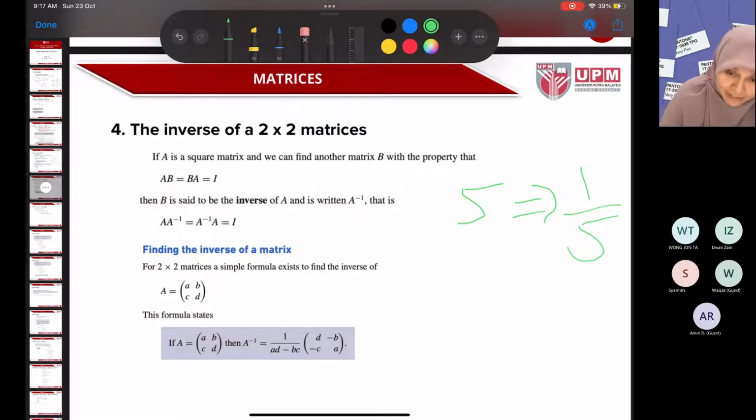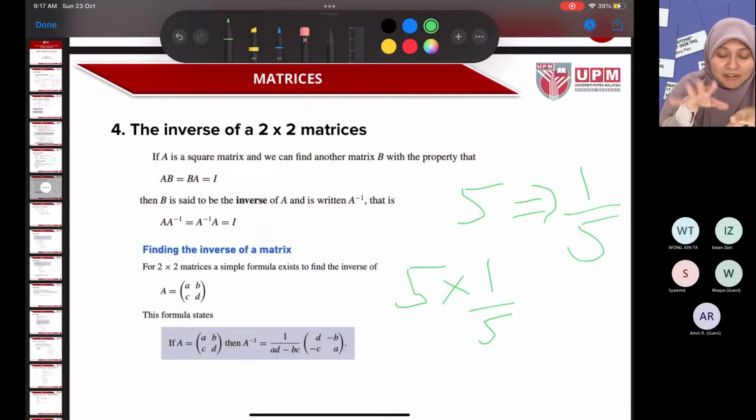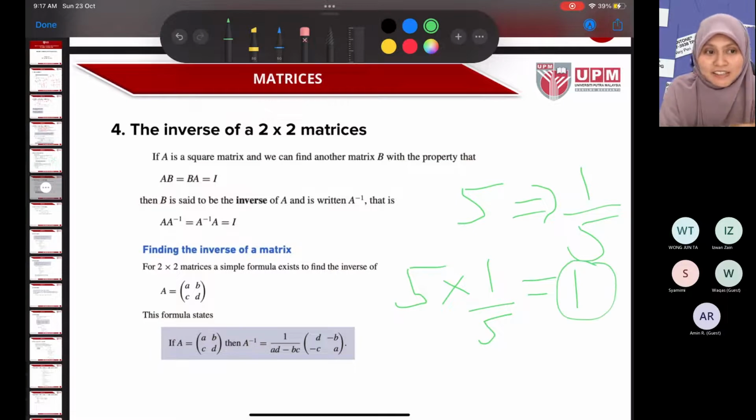Logic, okay. For example, the number 5 here. 5 is like the matrix A. 5 is the real number, and the inverse of 5 is 1 over 5. If you multiply 5 with 1 over 5, you will get 1, which is the identity for multiplication just now, right?